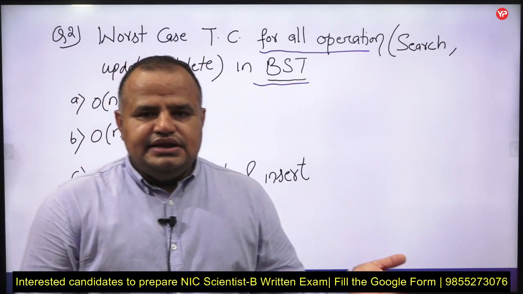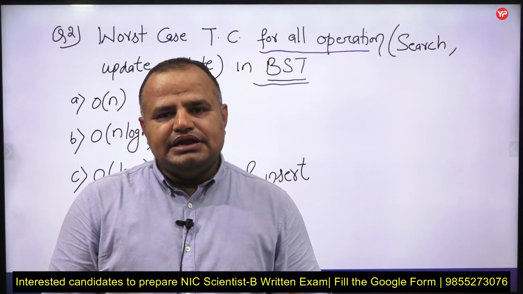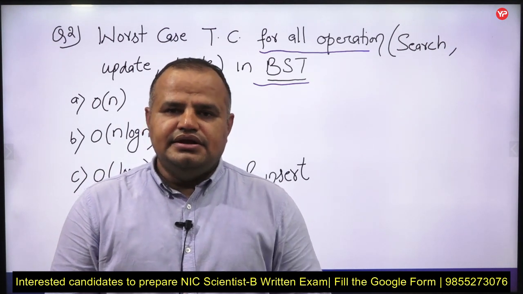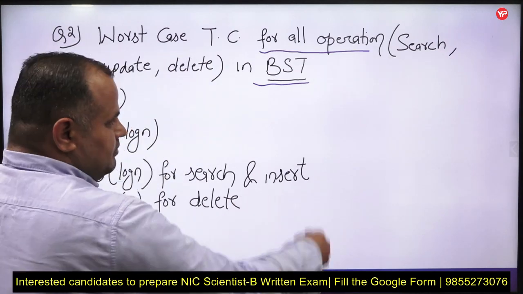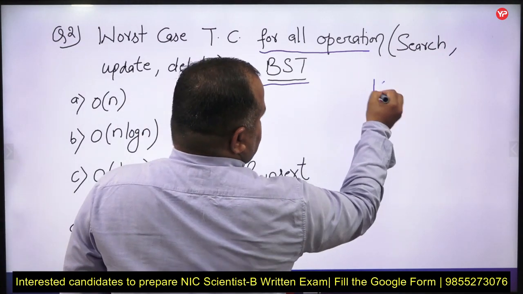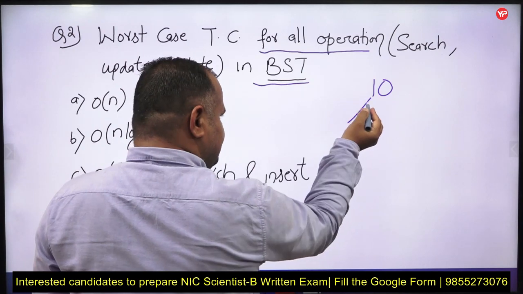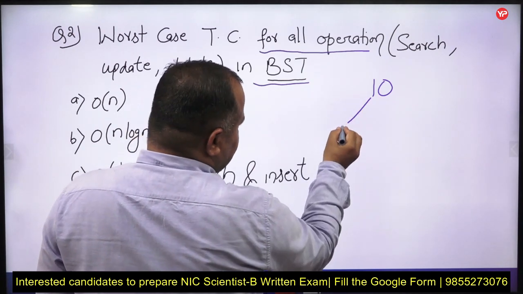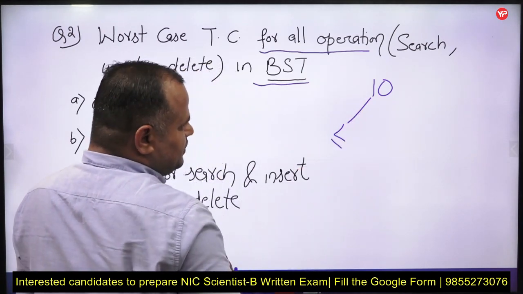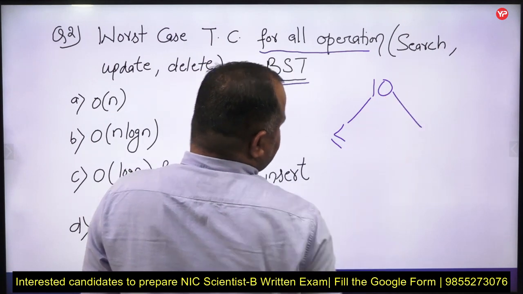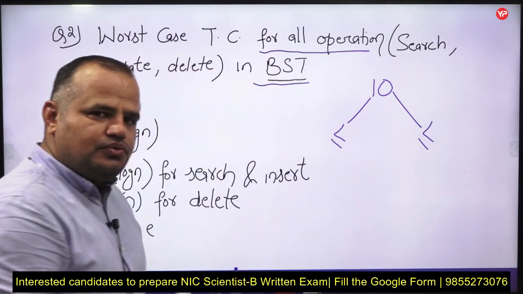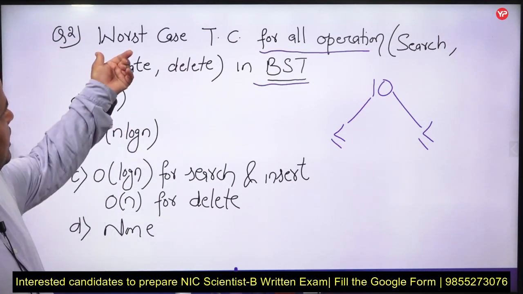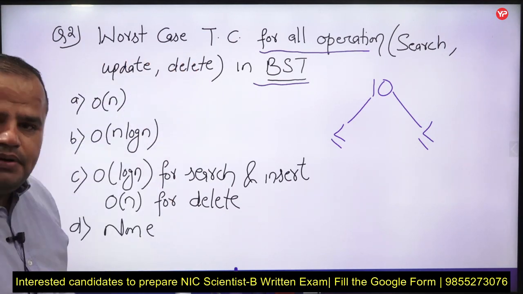At the left hand side the elements are less than or equal to the root, and at the right hand side the elements are greater than or equal to the root. But we are talking about worst case time complexity.